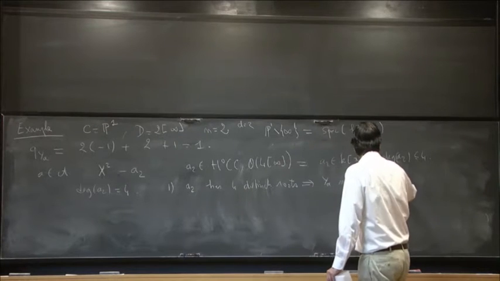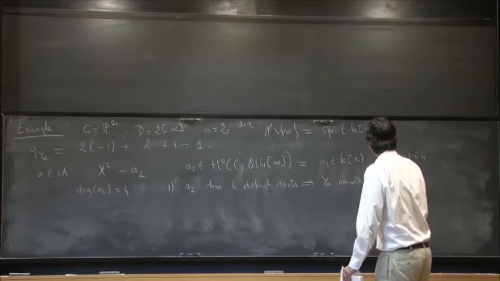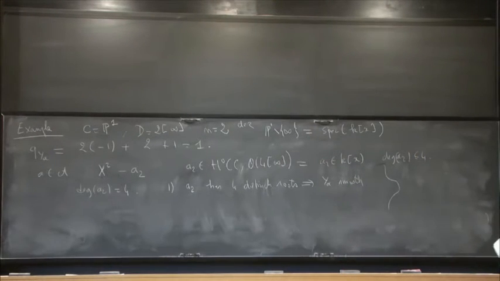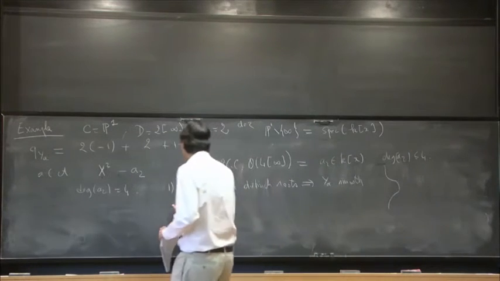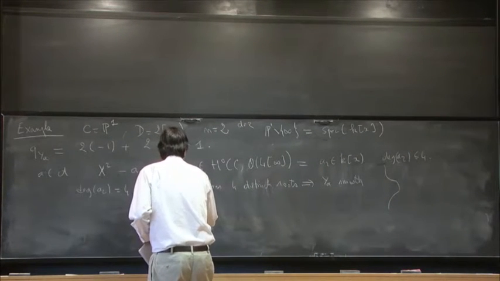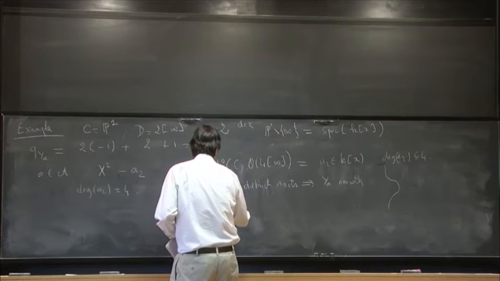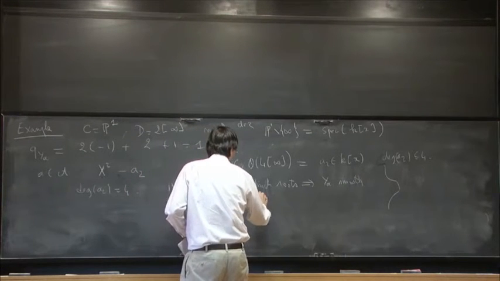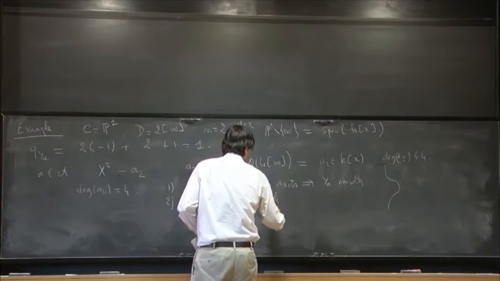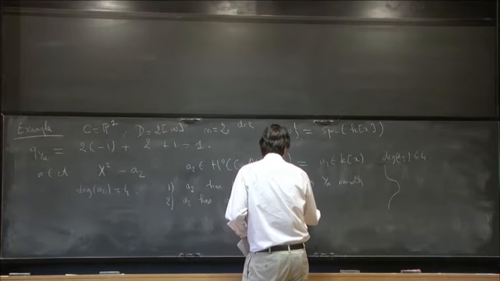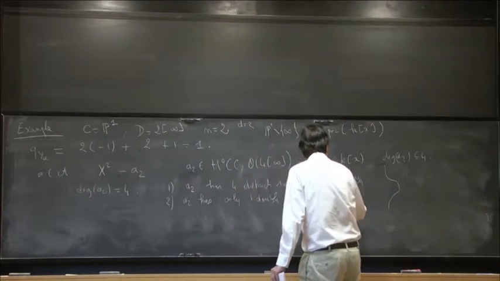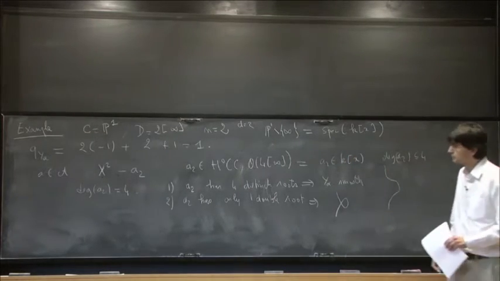So we get an elliptic curve, something like this. If a2 has only one double root, we get a curve with a node.